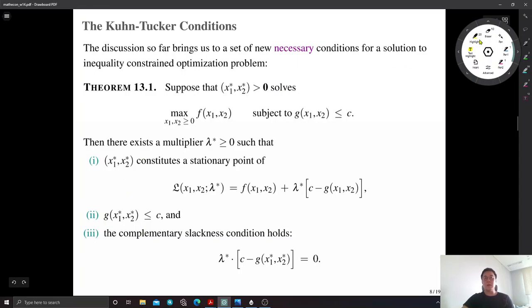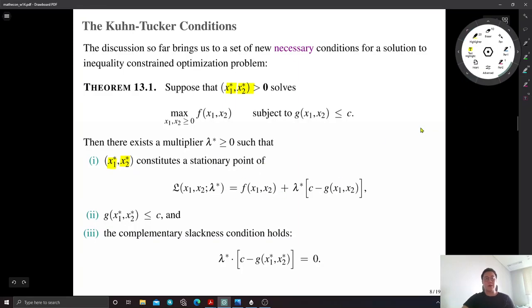The first condition requires that if x1 star and x2 star are the solution to this optimization problem with the inequality constraint, then x1 star and x2 star must be a stationary point of the Lagrangian.